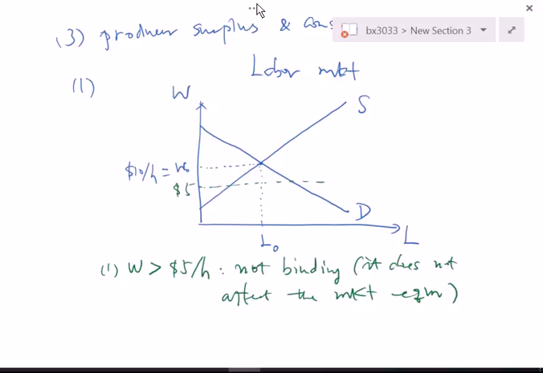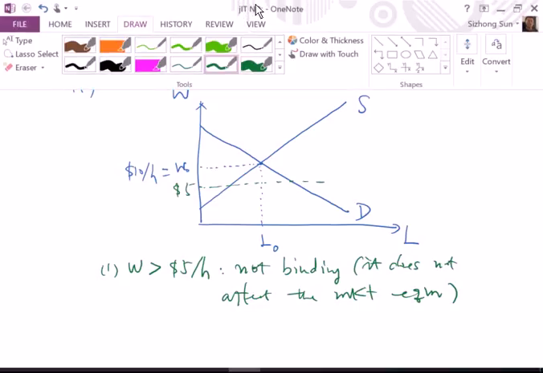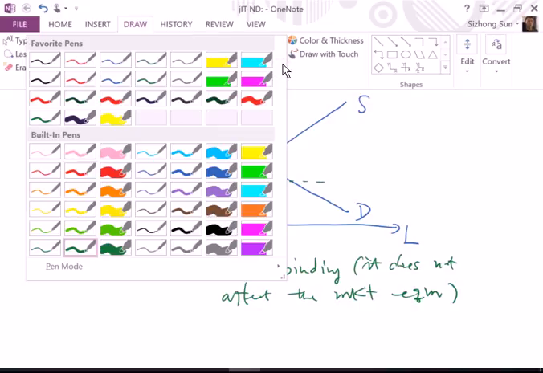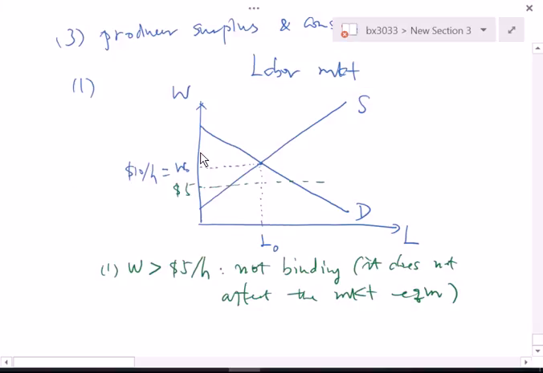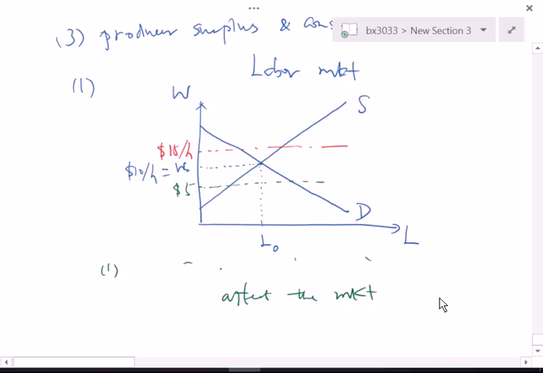If rather than $5 per hour, I said the wage rate cannot be lower than $15 per hour, now the wage must be higher than $15 per hour.